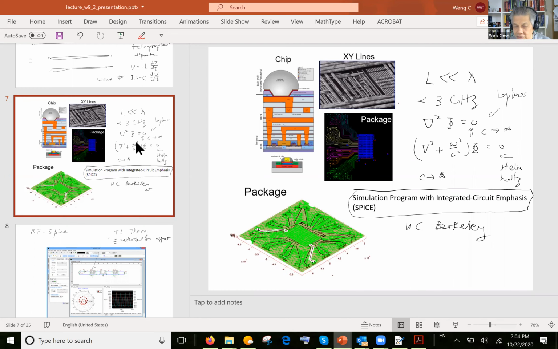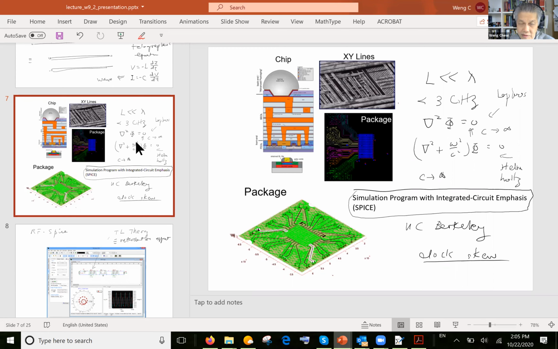That's not true. The physics says that Maxwell's equations should be solved, but since we're solving Maxwell's equations approximately using Laplace's equation, everything is instantaneous. So if you excite some part of the chip, the other part feels it instantaneously. In reality, if you start switching one part of the chip at 3 gigahertz, the other part of the microchip would not feel it instantaneously.